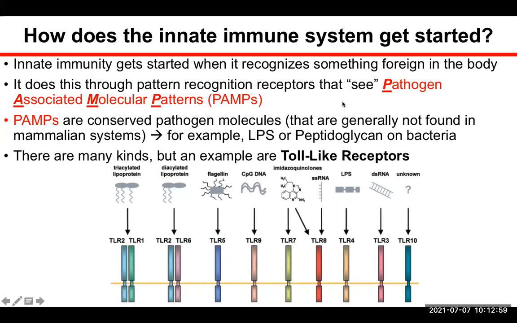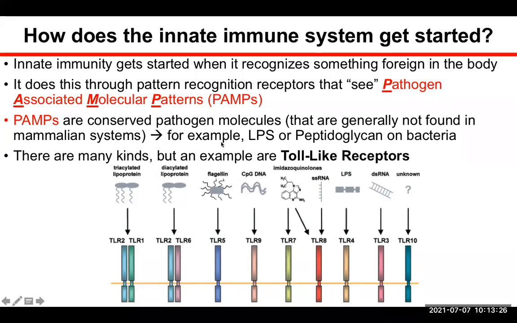And what they're actually recognizing are these pathogen associated molecular patterns, or PAMPs. What these PAMPs are, are conserved molecules on the invading pathogens that are generally not found within our own system. So these are all going to be recognized as foreign. And once that's recognized as foreign, then an immune response can be initiated.